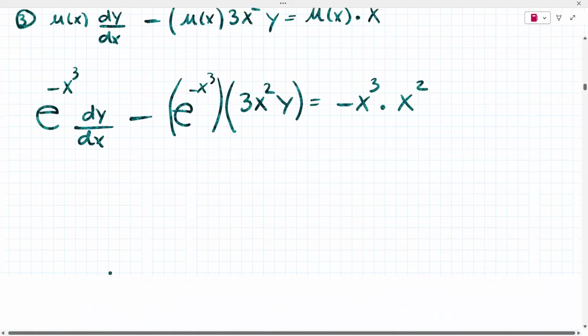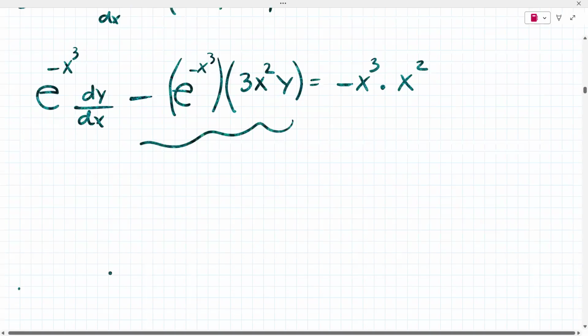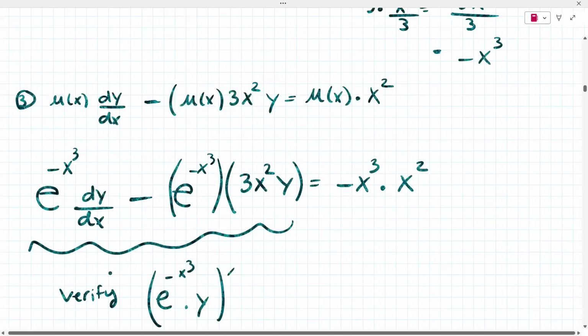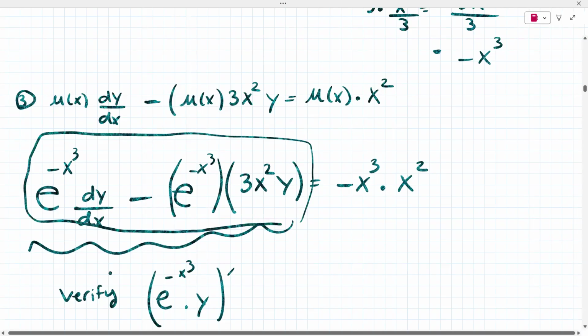So on the left-hand side, we have to verify that the derivative of e to the negative x cubed times y, if you took the product rule of this, should come out to this. If it doesn't, then we made a mistake.